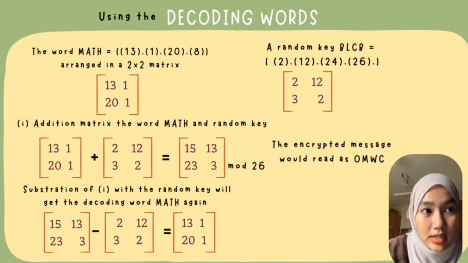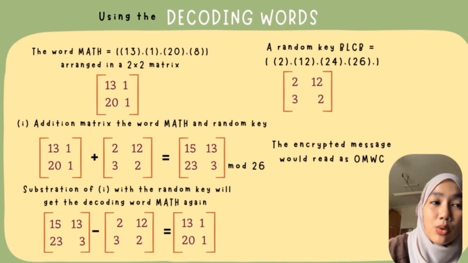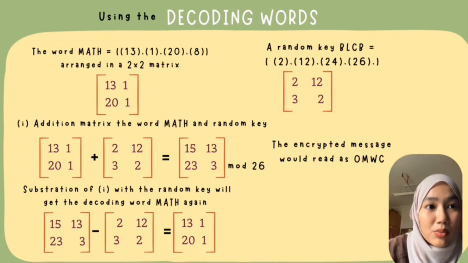This addition would read as OMWC, and we can get MAT again by subtracting the random key from the sum that we obtained before, and we will get the word MAT again.